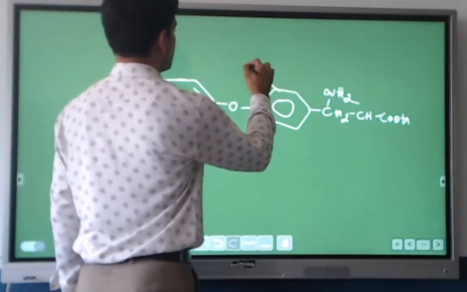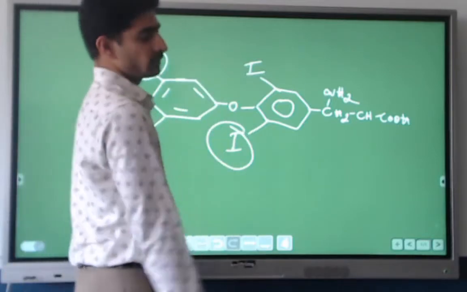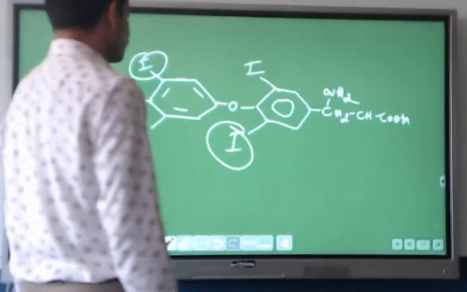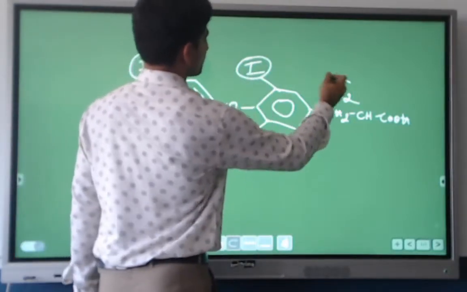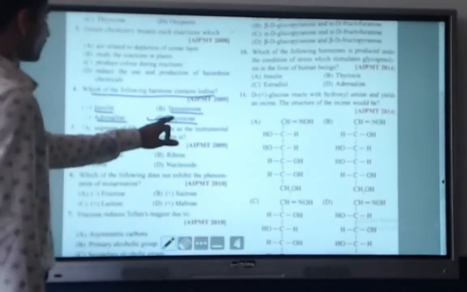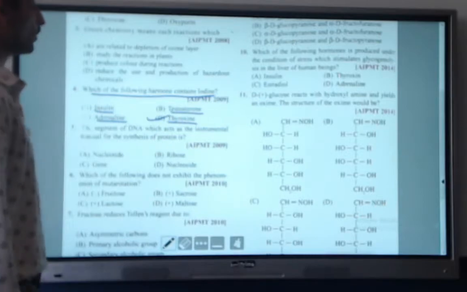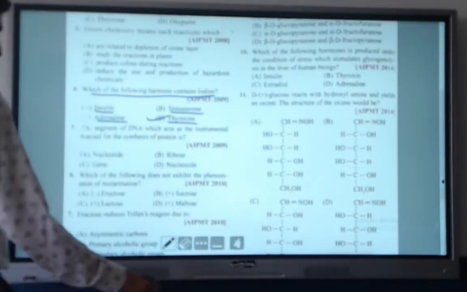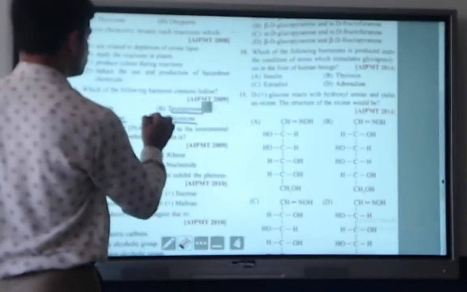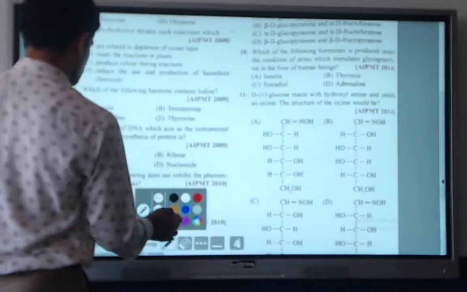At this place you are going to observe iodines, plus NH2 is there. That's why we call it thyroxine. Oxine means amino group, and thyro is related to iodine compounds. So the option is D. Next question.